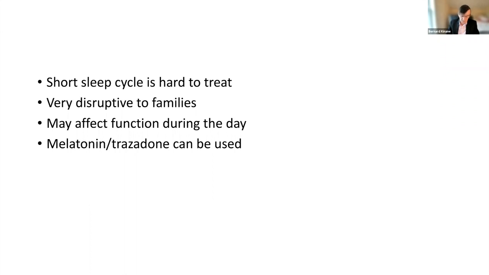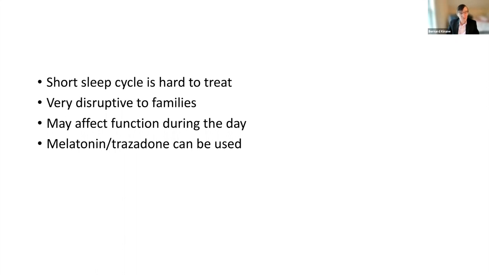Now, there are a number of different ways of treating this. We do use weighted blankets a lot because children with autism do better with weighted blankets. Now, this is very important for getting kids to sleep, but rarely for maintaining sleep. When you're trying to maintain sleep for long periods, it really does come down to therapeutic options.